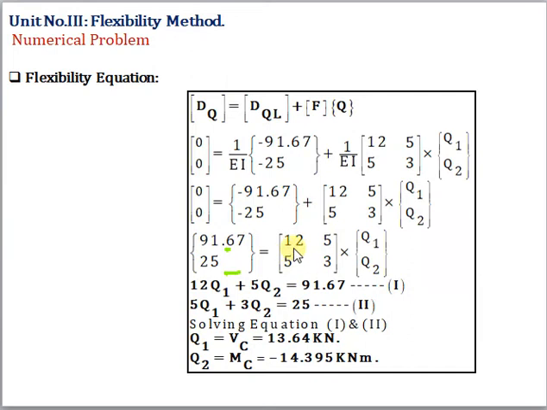Now our equation becomes 12q1 plus 5q2 is equal to 91.67, and the second row is 5q1 plus 3q2 is equal to 25. So this is the second equation. By solving these two equations, we have Vc and Mc. Vc is 13.64 kilonewton, Mc is equal to minus 14.395 kilonewton meter.